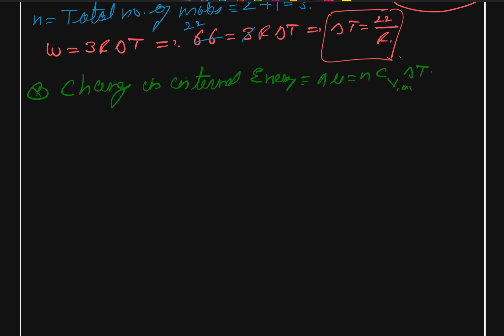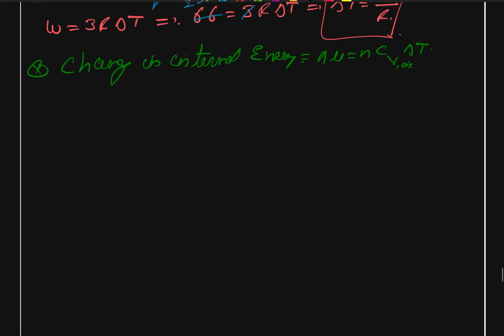So let me write this as mixture, and we can write the formula that our C_V for our mixture will be equal to (n1 C_V1 + n2 C_V2) divided by (n1 + n2). One is monatomic, the other one is diatomic, therefore C_V is going to change.